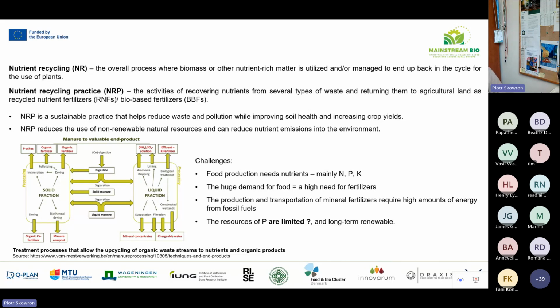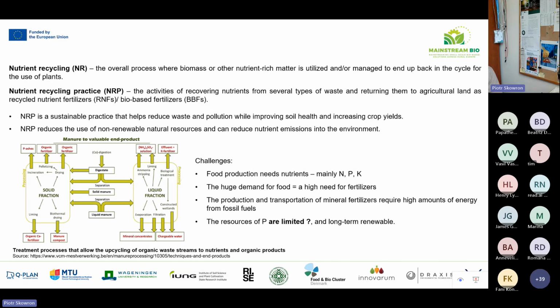The final effect is nutrient recycling. We would like to use nutrient-rich material resources to produce fertilizers, to recycle nutrients back into primary production.